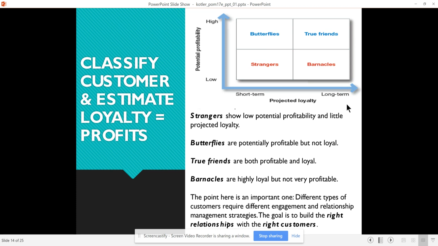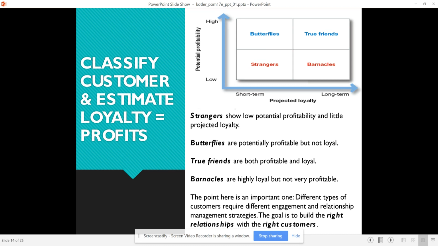Barnacles are high loyalty but not very profitable. So these could be someone like myself, where I used to be a true friend when I lived in Seattle, but now I'm a barnacle because I am not as profitable as I was. I've been with Amazon way before I worked there, but now my profitability is very low because I don't purchase as much as before.